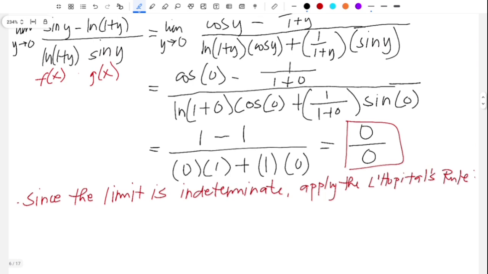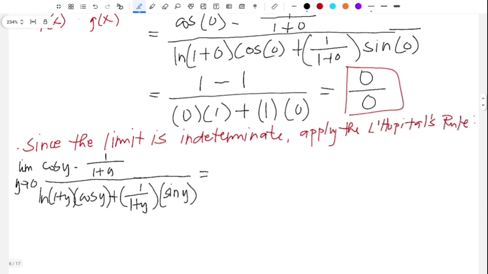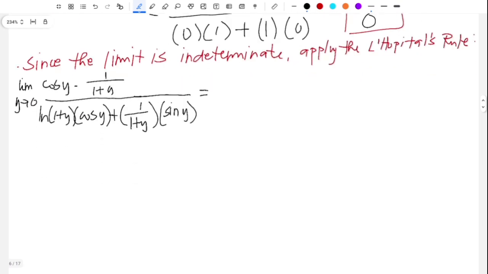So our new given will be the limit as y approaches 0 of cosine y minus 1 over ln(1 plus y) cosine y plus 1 over 1 plus y sine y. That will be our new numerator and denominator that we need to derive.